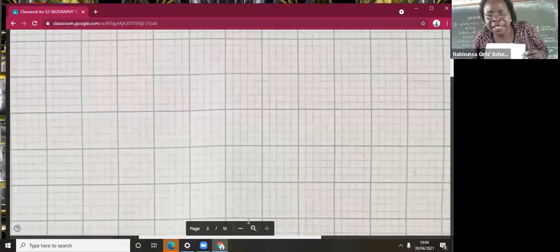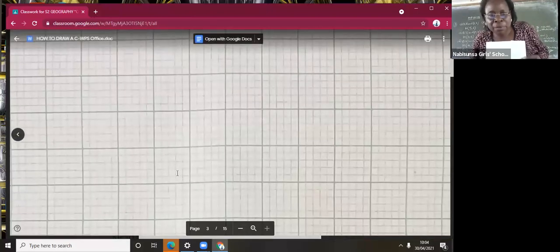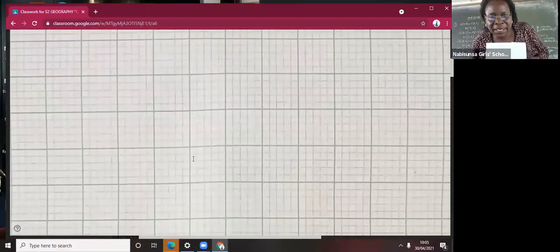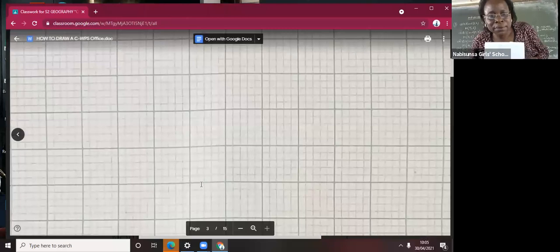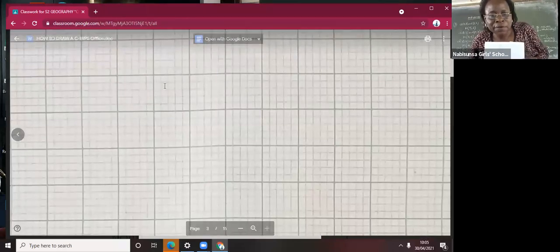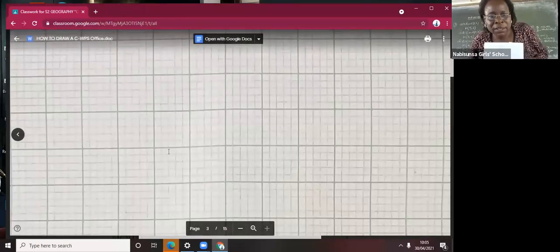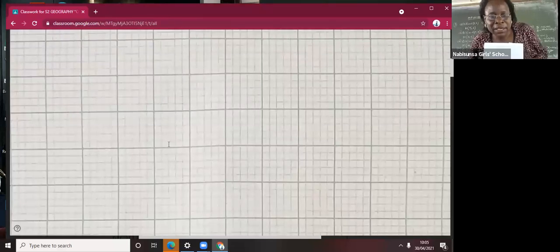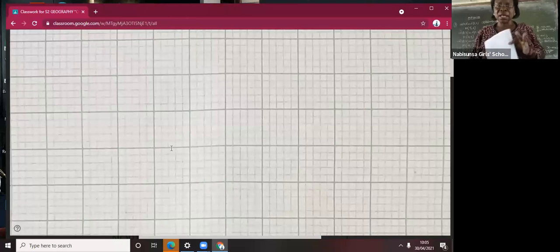Now when you measure these bold lines, these squares, from here up to here, that is 1 centimeter. When you try to measure it, it is 1 centimeter. Here it is expanded, but each square is 1 centimeter.